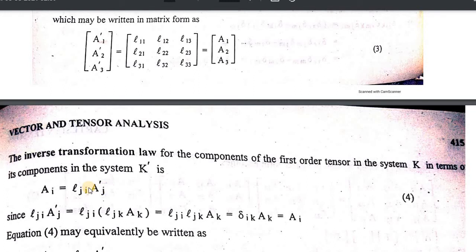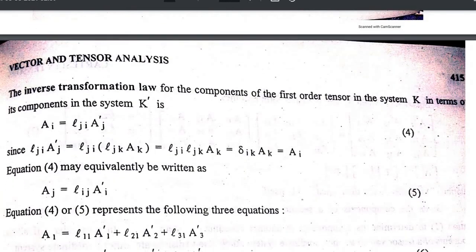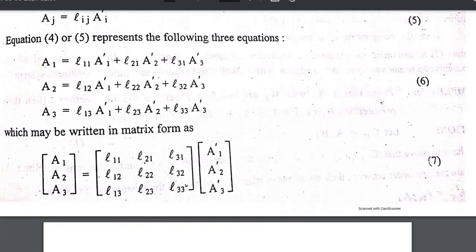If we want to write this in the matrix form, or the component form above, we can write a1, a2, a3 in terms of the a dash expression. So this is called our first order tensor, and this was the matrix form of the first order tensor.